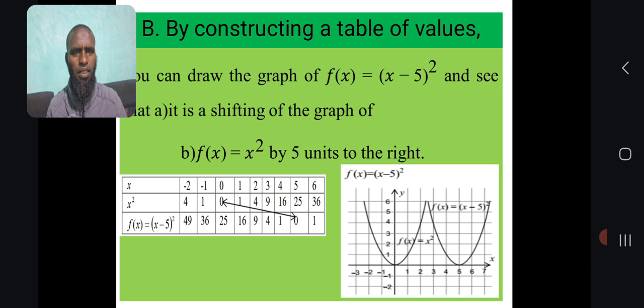When you have x, the same x's are given there. At 0, it is 25, because 0 minus 5 will be minus 5, the whole squared will be 25. Then you will have the square root of 25, which is 5. Therefore, 5 units it will shift to the right.